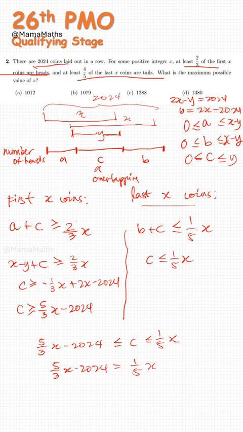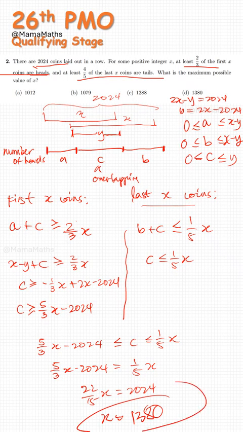Solve it. This would give us 22/15 x equals 2024. So x would be 2024 times 15 divided by 22, which is 1,380. So the answer here would be letter D.